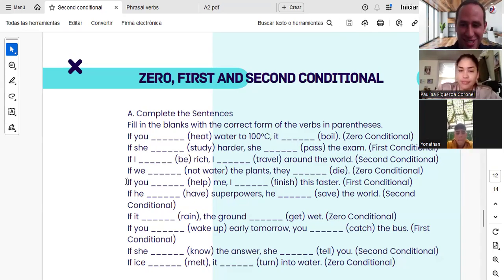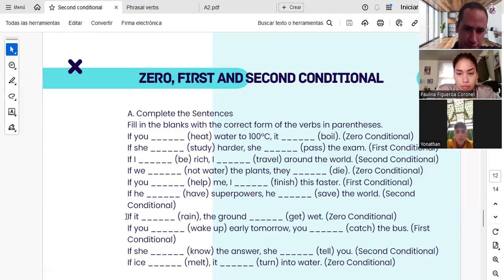Awesome. Well done, Jonathan. You're on fire. Paulina, next one. Second conditional. If he had superpowers, he would save the world. Awesome. Easy.